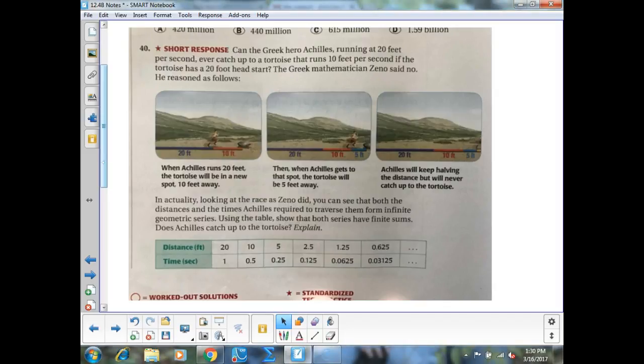Then what Zeno was saying was that for Achilles to get to that spot where the tortoise is, it would take half of a second. Correct? Because that's 10 more feet, and he's running at 20 feet per second. But where's the tortoise half of a second later? 5 feet out.